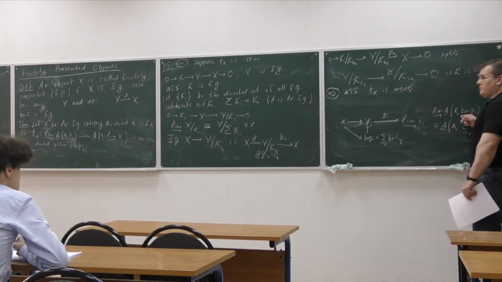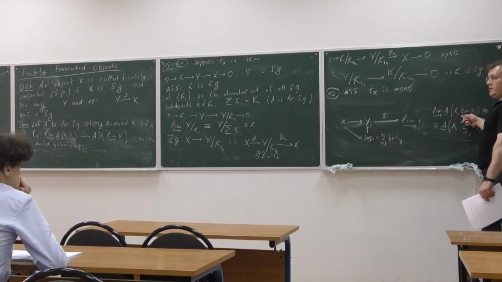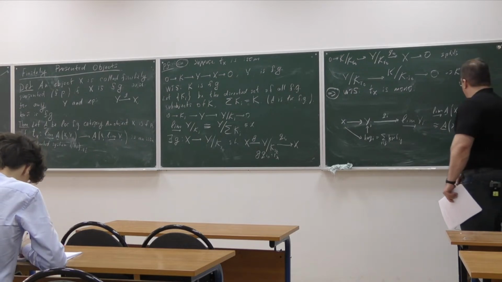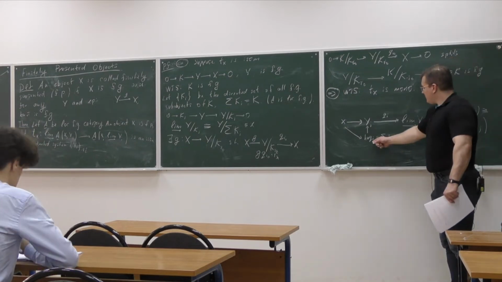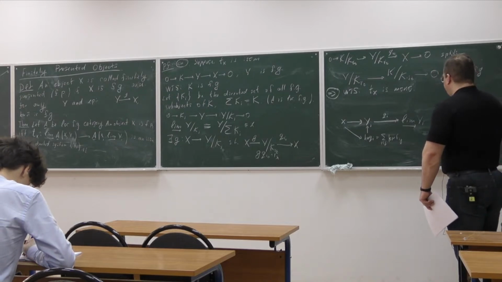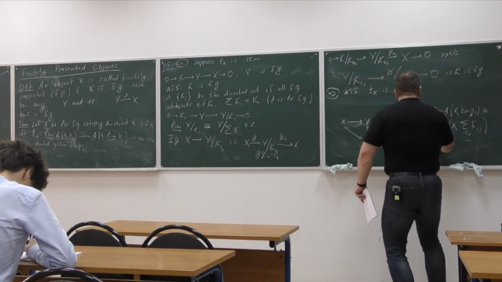This we know because we proved this for any finitely generated x, x is finitely generated. So this is true, and this thing is the lemma that we proved a long time ago. Now I claim that I can.